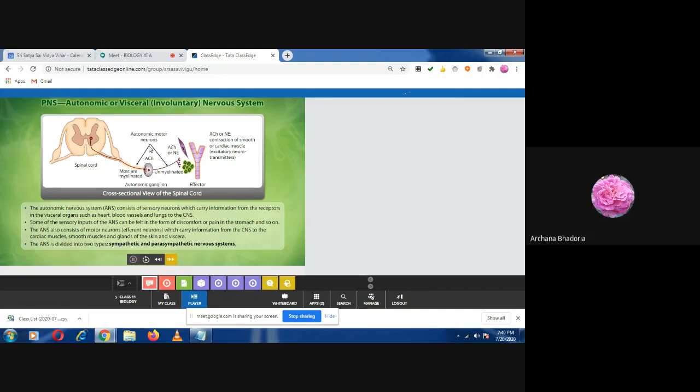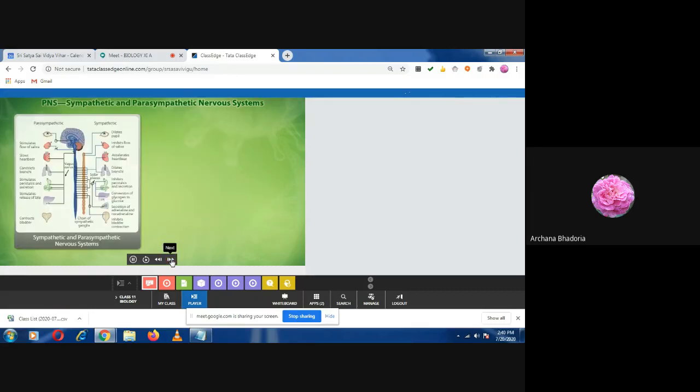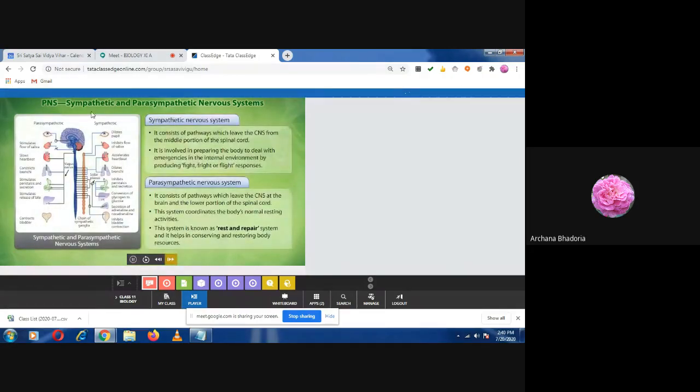So now we'll try to understand what is the sympathetic and parasympathetic. Okay, so sympathetic, now try to see this figure. Sympathetic and parasympathetic consist of pathways which leave the CNS. So try to note down: sympathetic nervous system consists of pathways which leave the CNS from the middle portion of the spinal cord.